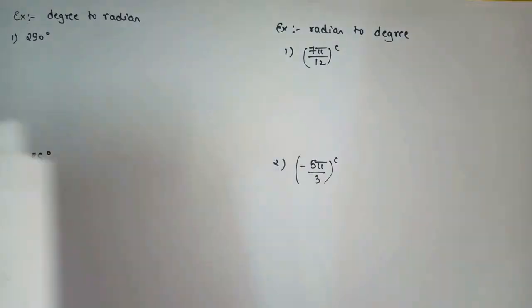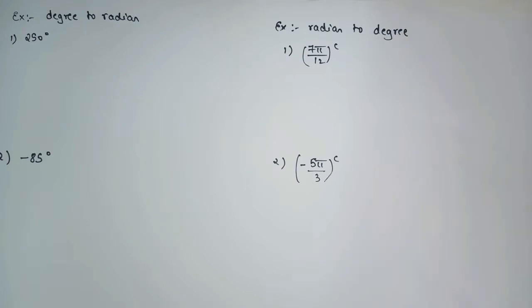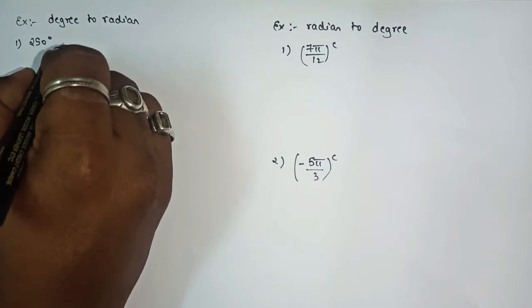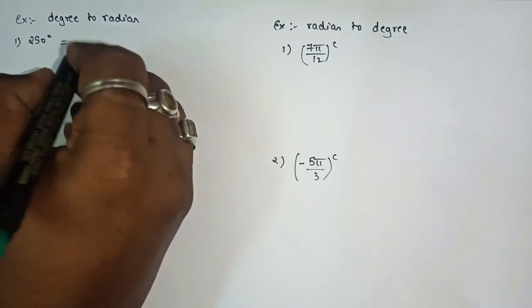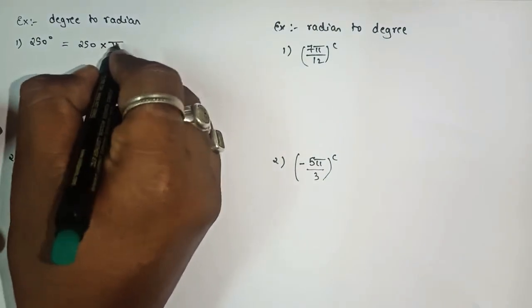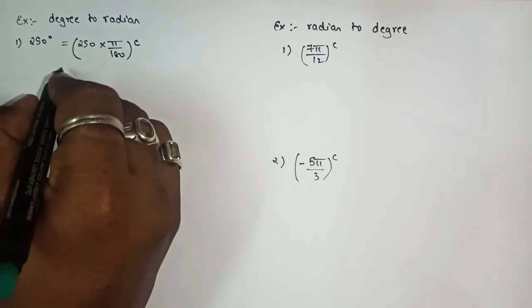So let's take a few more examples based on how to convert degree into radian and radian into degree. Let's see 250 degree. We know how to convert degree into radian: simply multiply the number by pi by 180, so it gets converted into radian.